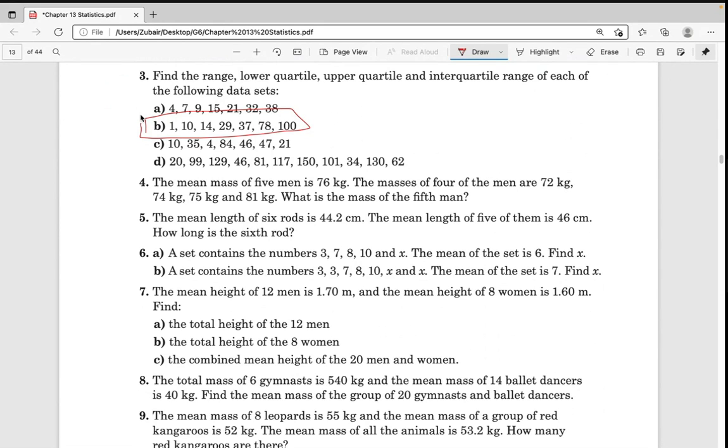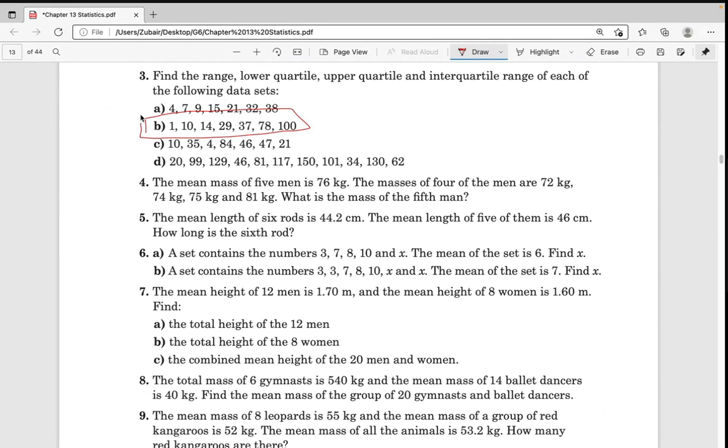Yes, I also got the answers. Okay, waiting for Ali. Sir, I got the lower quartile, but I'm confused in the upper quartile.